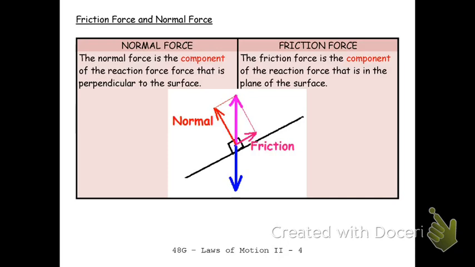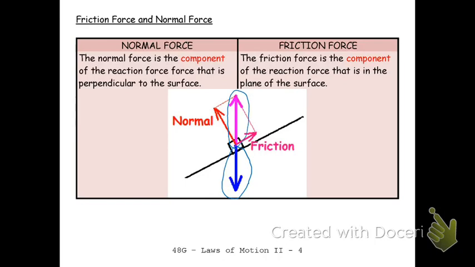If I have things sitting on a slope, then of course for every action force, that's the force of the weight on the slope, then we have the force of the slope on the weight. So we have those two balancing each other if it's in equilibrium. There's an action-reaction pair.